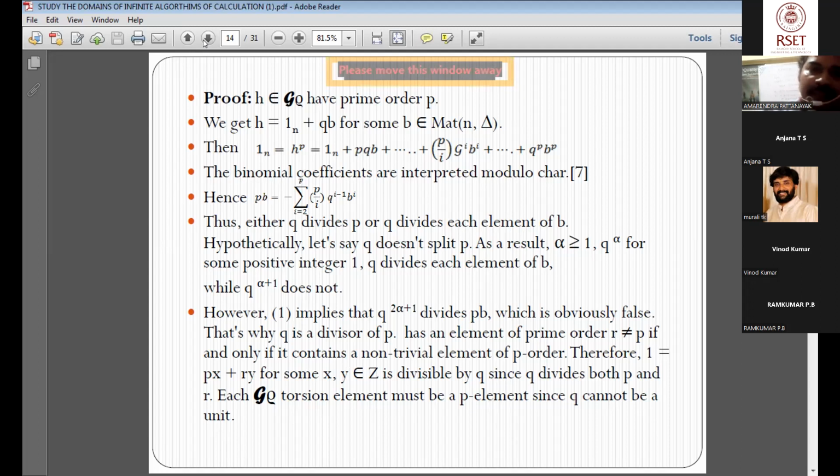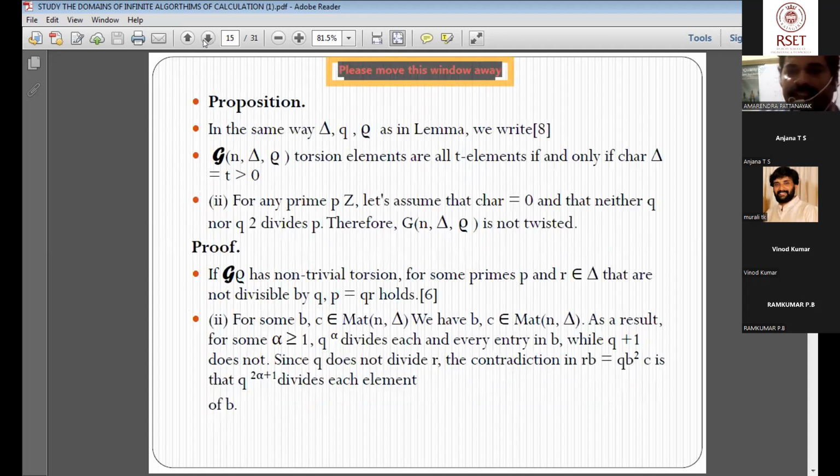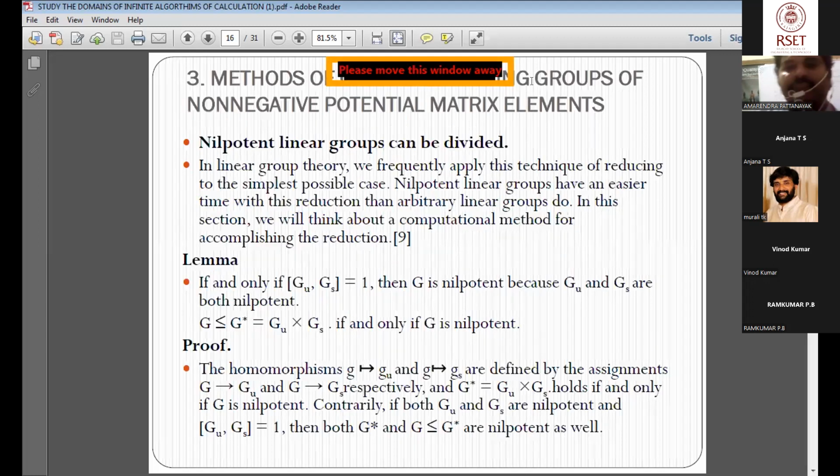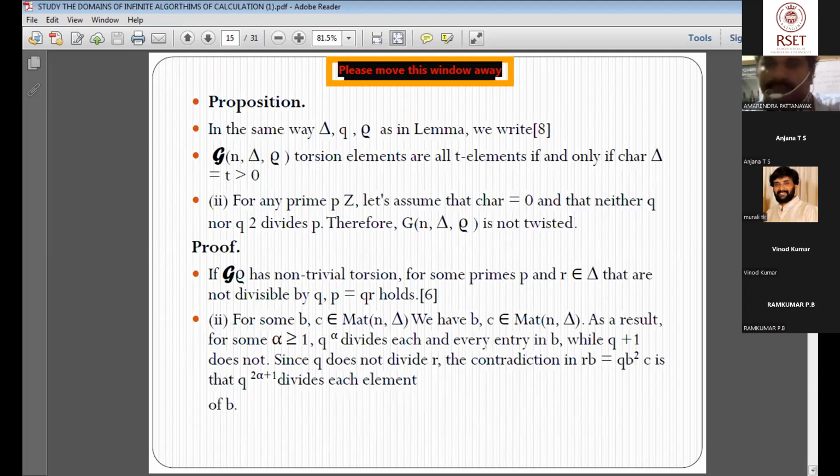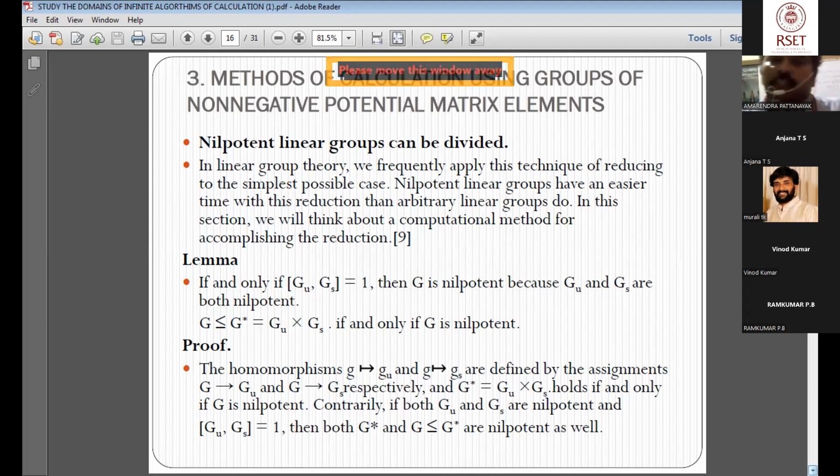Similarly, now another proposition in the same way. Now, methods of finiteness of groups of non-negative potential matrix elements. Nilpotent linear groups can be divided in general group theory.